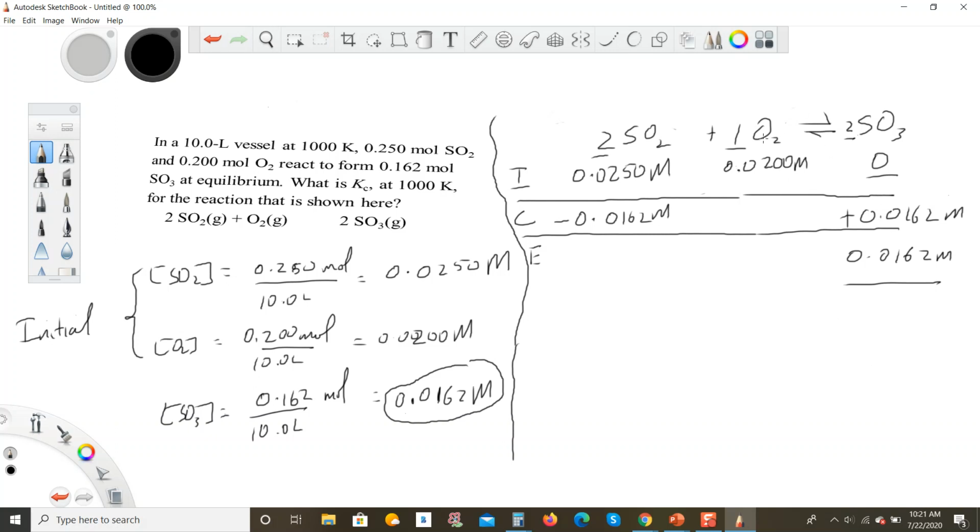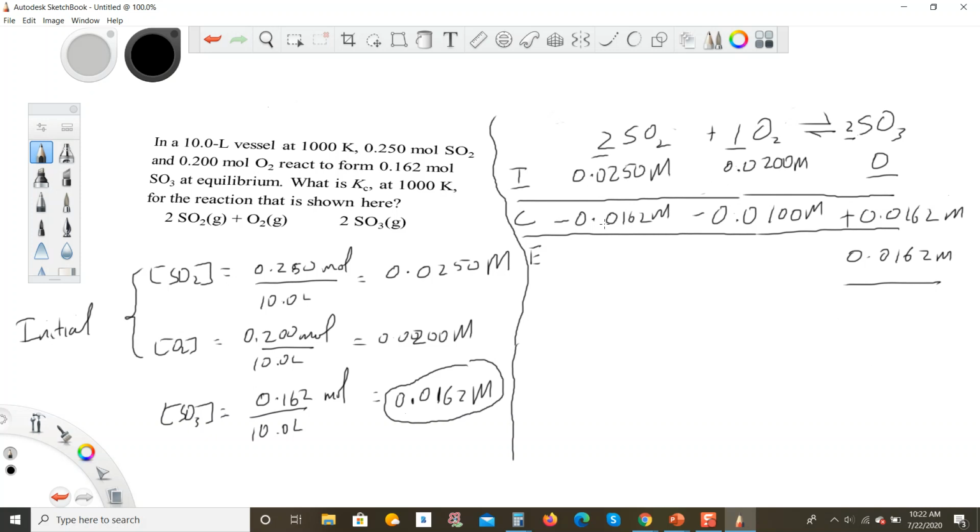In the case of the O2, there's a 1 to 2 mole ratio between the O2 and the SO3. So the change as far as the O2 is concerned is minus half of this value, which would be minus 0.0081 M. All right? So to get the equilibrium concentrations of SO2 and O2, all we have to do is add the initial amounts to the changes.